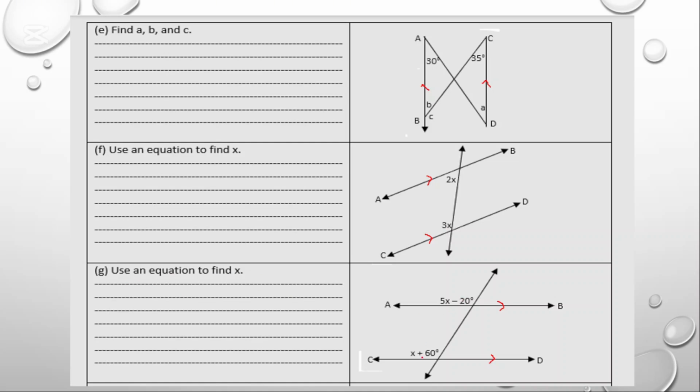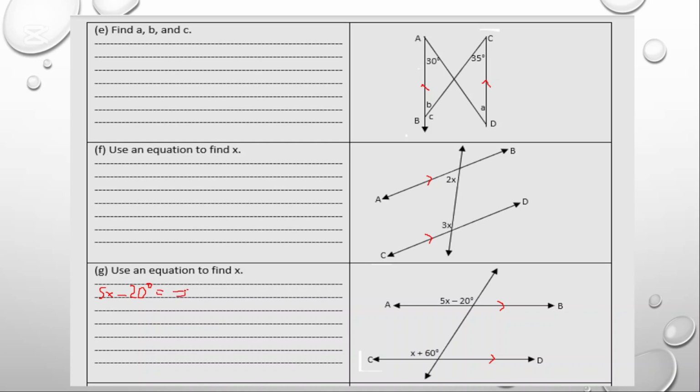This angle and that angle there, they are corresponding angles, and we know that corresponding angles are equal. So I'll write it in here. 5x minus 20. Now it's very difficult to write with this pen, so I'll try my best, is equal to x plus 60.